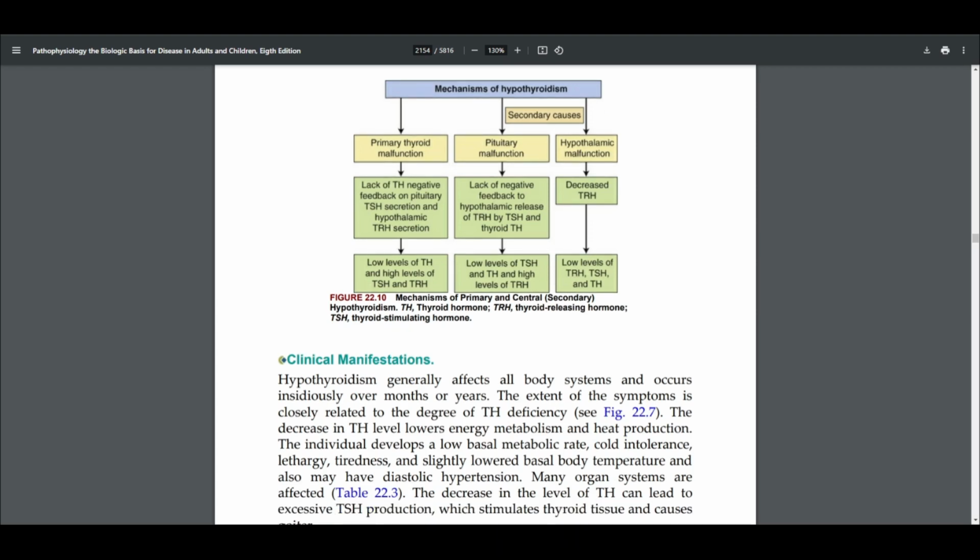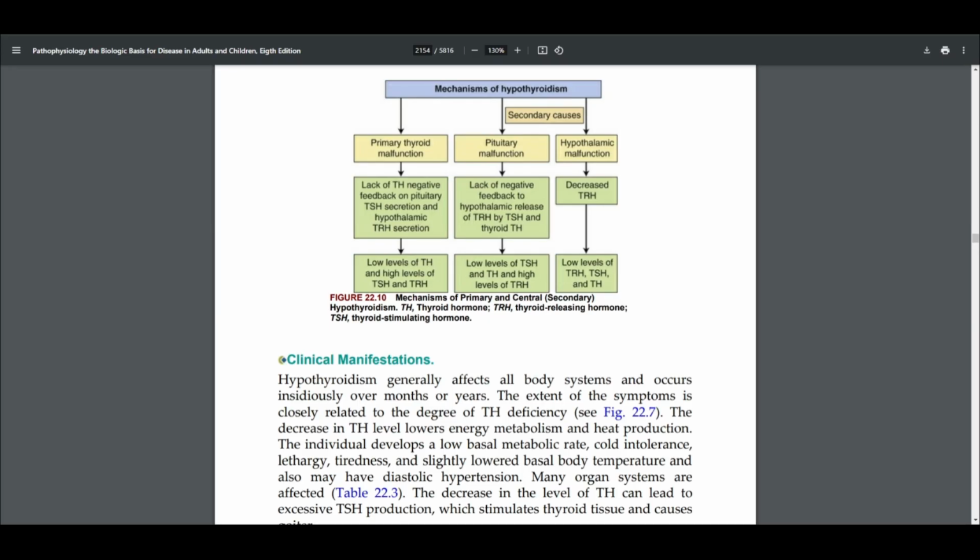Your clinical manifestations. Hypothyroidism generally affects all body systems and occurs insidiously over months or years. The extent of these symptoms is closely related to the degree of TH deficiency. The decrease in TH level lowers energy metabolism and heat production.